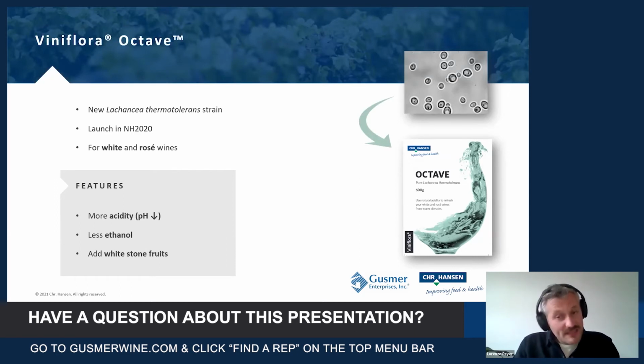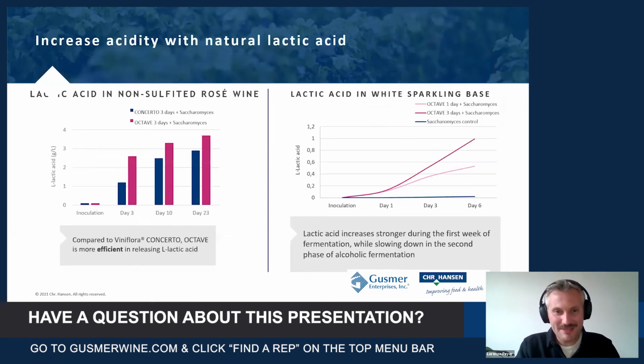And for Octave, applied to white and rosé, we found out that it releases specifically, and quite on the point, white stone fruits. Think about the peach flavor. That's pretty much the flavor encompassing Octave, plus all the complexity going around.